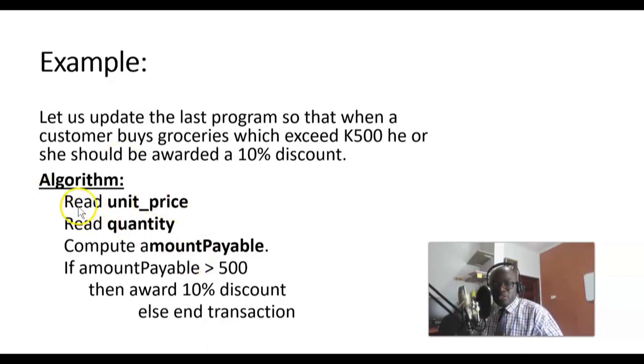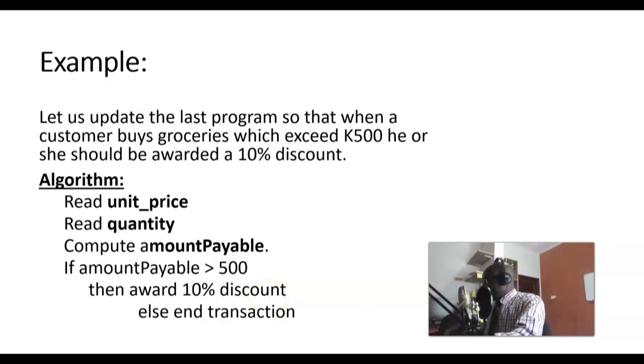And so the algorithm is going to read something like this. You read the unit price, of course, and you read the quantity which gets entered by a user, and then you compute the amount payable. Now if amount payable is greater than 500, then award 10% discount, end transaction.